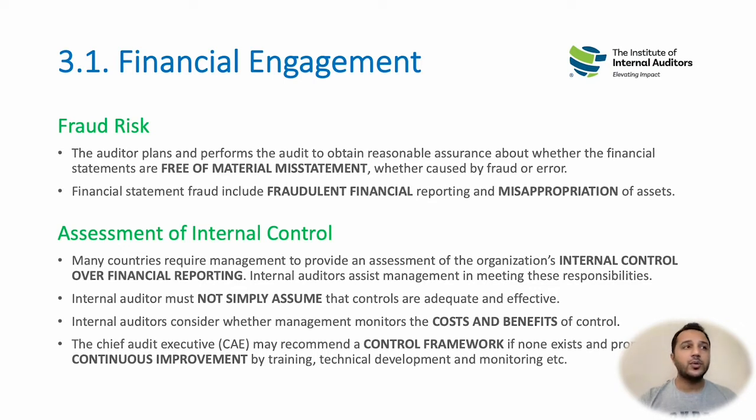Maybe because they have extra pressure from the board to achieve certain unrealistic targets, maybe because they want to show a very positive image and reap their bonuses in the short term. So it could be for any reason, but that's one of the areas why we are so inclined toward looking at the control environment.